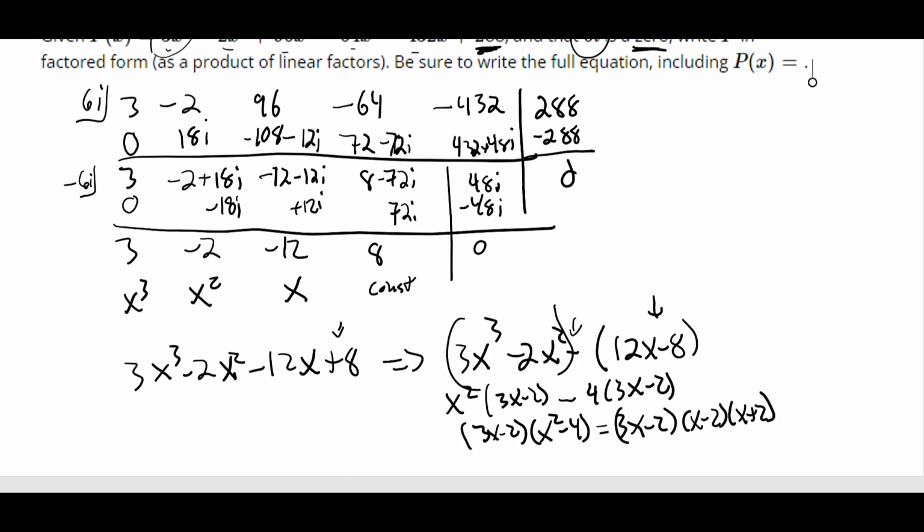So our factors would be this. Okay, so it's going to be x minus 6i times x plus 6i times 3x minus 2 times x plus 2 times x minus 2. And that's the process. Hope that makes sense.